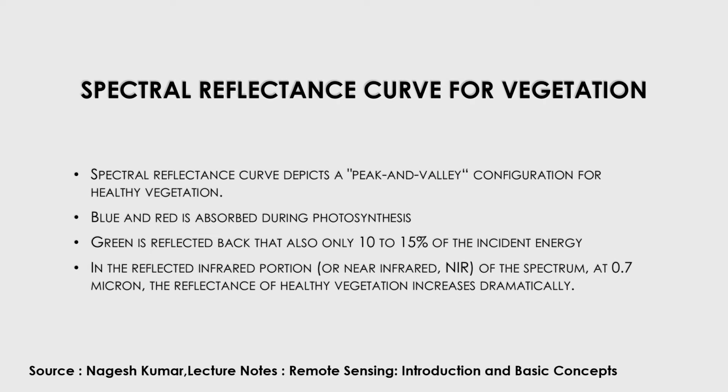Now, what is the spectral reflectance curve for vegetation? Spectral reflectance curve means this is reflectance and this is wavelength. If the curve shows no variation, then the spectral reflectance is not initiated at all.